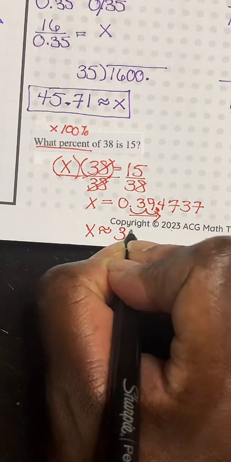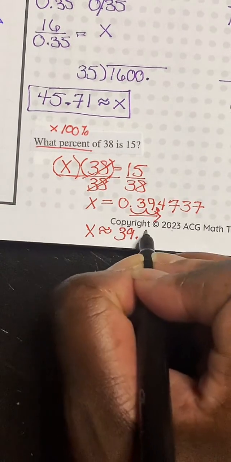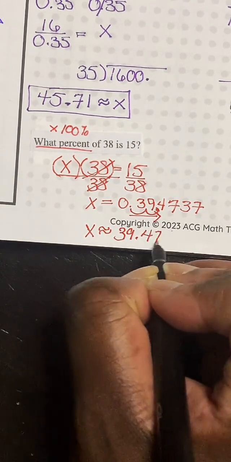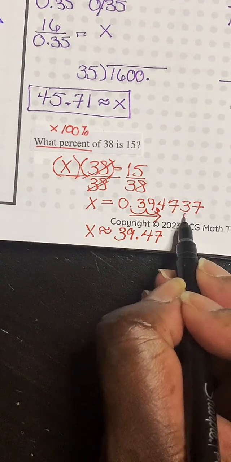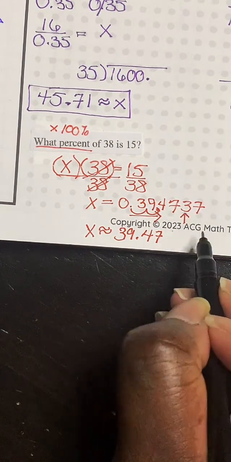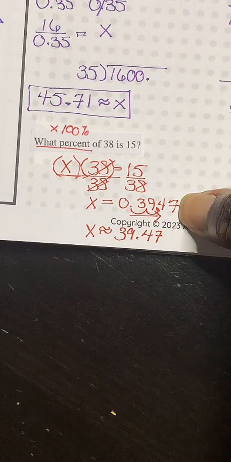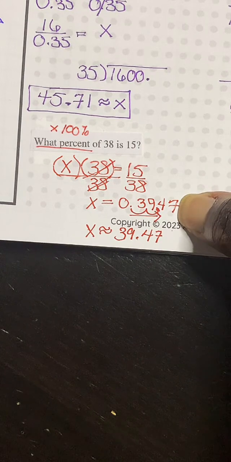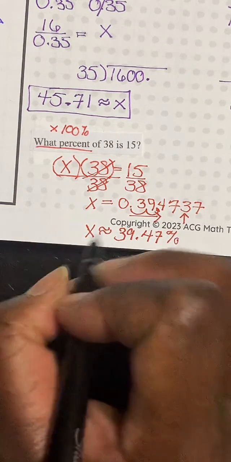So that gives me 39 point, and I'm going to stick with 47 if I want to keep it to the 100th spot, because if I look here at 3, remember, if it's 4 and below, we leave it alone. So that means we're canceling out that, and we're just leaving it right there. Only thing that's missing is my percent sign.